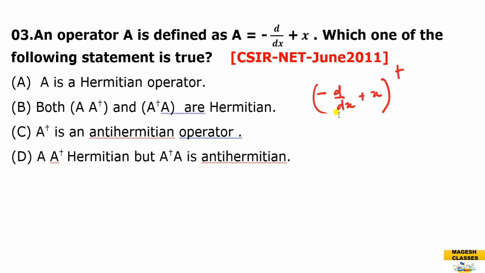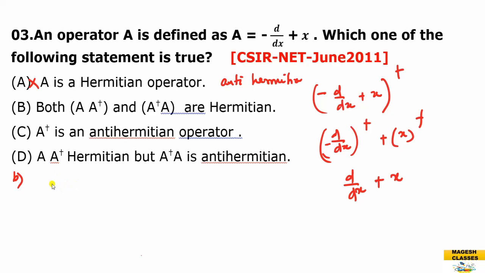So to find this value, minus d by dx dagger is equal to what? It is d by dx dagger plus x dagger. This is equal to d by dx, minus will be plus, and this is x. So it is the inverse of this one, so it is anti-Hermitian.